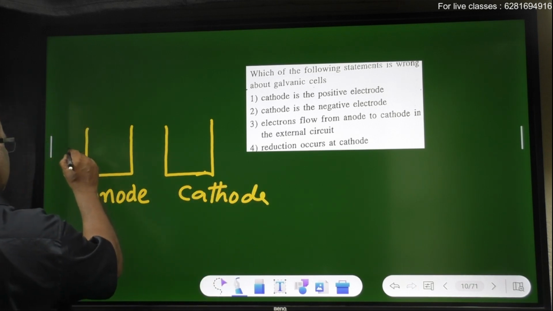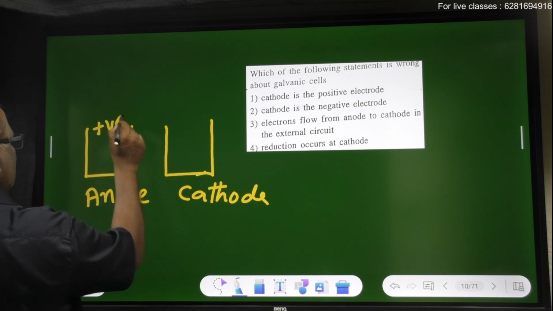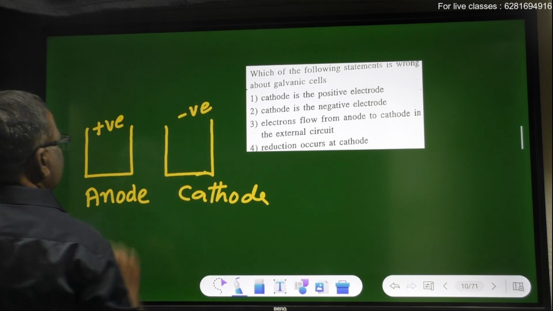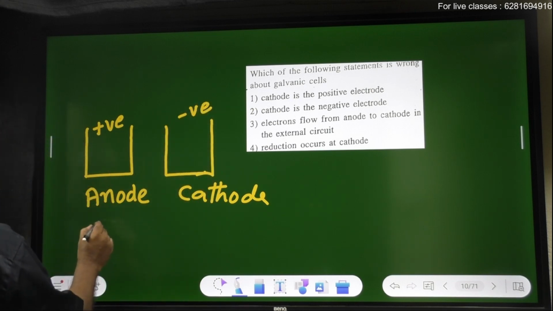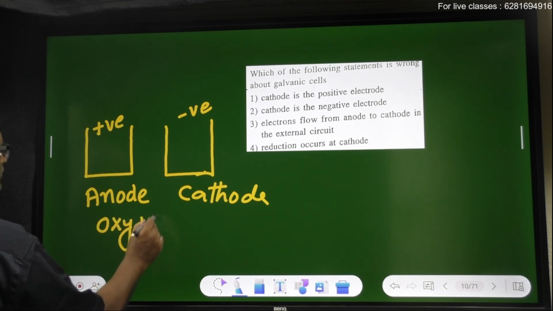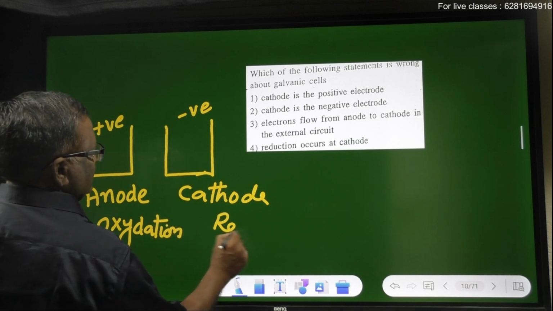Anode is represented with a positive sign, cathode is represented with a negative sign. At the anode, oxidation will take place. At the cathode, reduction will take place.